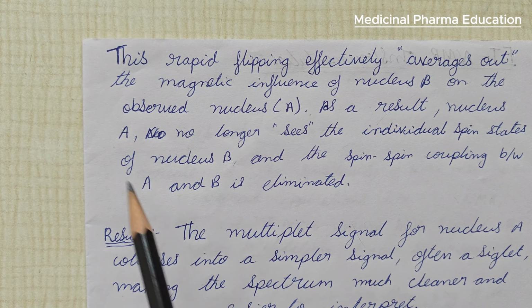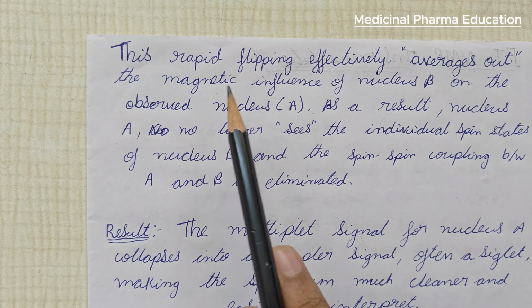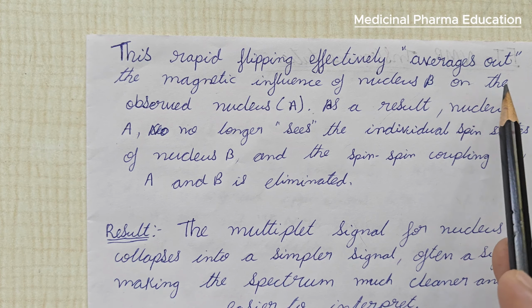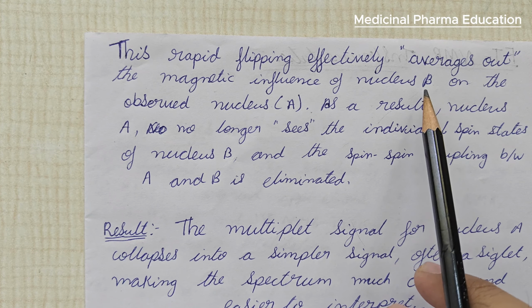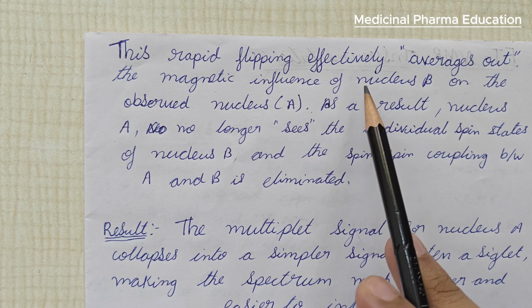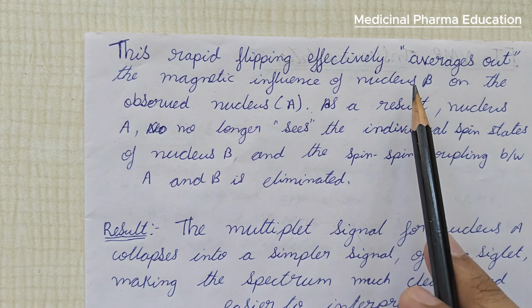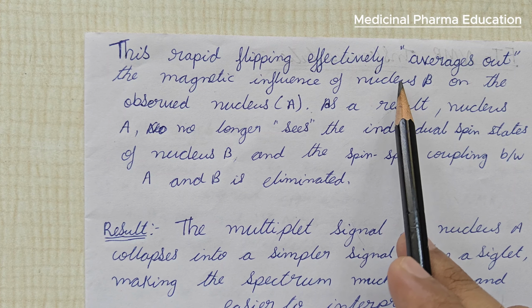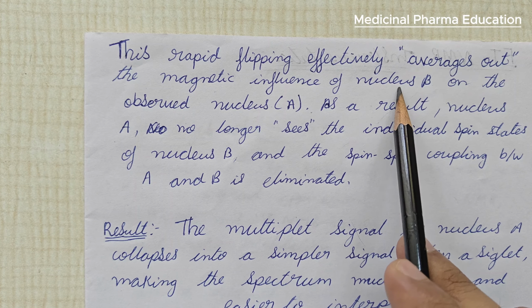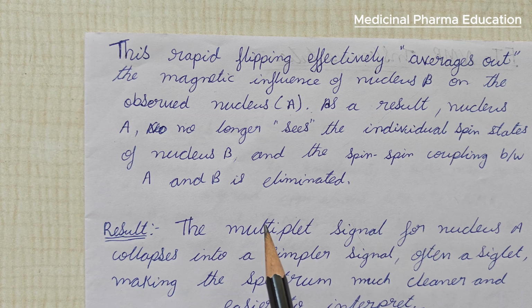See here, the rapid flipping effectively averages out the magnetic influence of nucleus B on the observed nucleus A. We studied that nucleus A and nucleus B through spin-spin splitting cause the complex spectrum. But here due to the decoupling, it averages out the influence of the electromagnetic radiation of nucleus B on A. It averages out and this decreases the complexity of the spectrum.